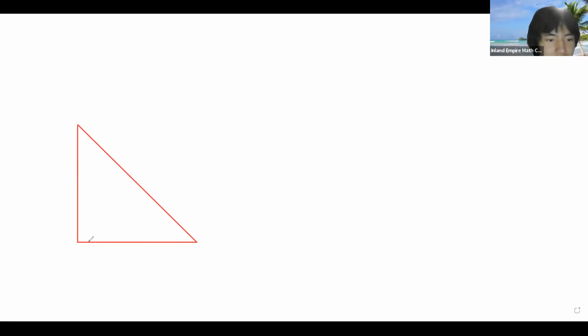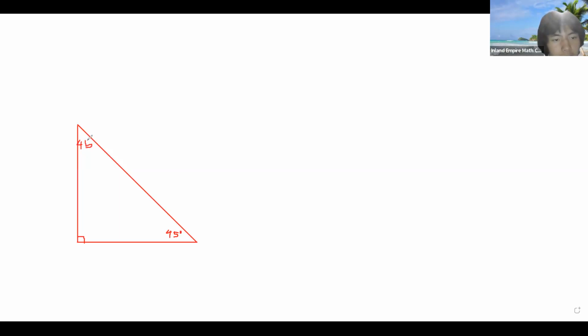Like the name suggests, it is a right triangle with one 90-degree angle, in other words a right angle, and two 45-degree angles. So this is 45 degrees, and this is 45 degrees.